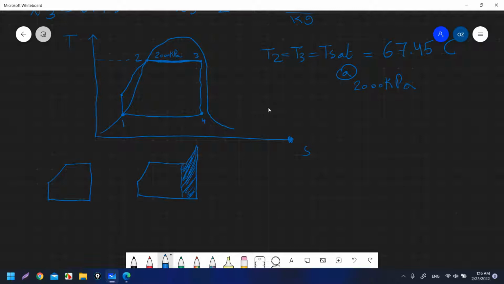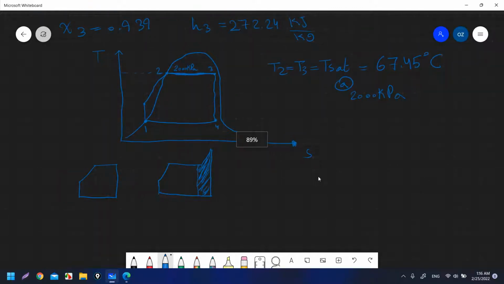Okay, so that is it. And if you compare to the Carnot cycle, the Carnot cycle has this shape. If we draw the TS diagram for this cycle, it will be like this, a square. Okay, so the good thing is that we moved this point to be here like this.